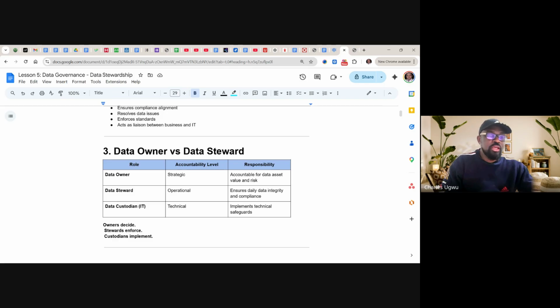The steward is the operational angle, monitoring and making sure that day to day, all the data being used is of high quality and compliance. So owners decide what needs to be done, the steward enforces, and then the custodian implements. You see where they come in, so you know where you belong.